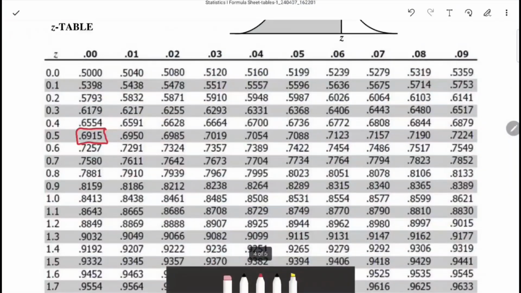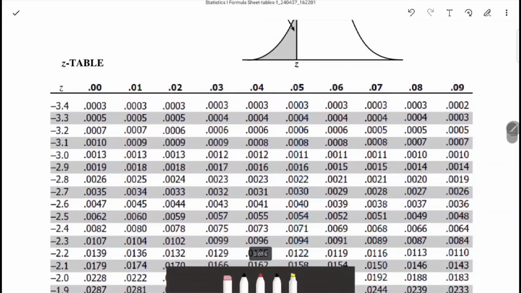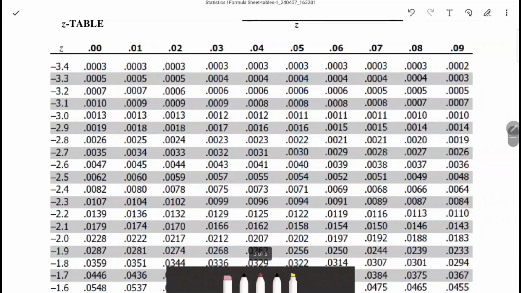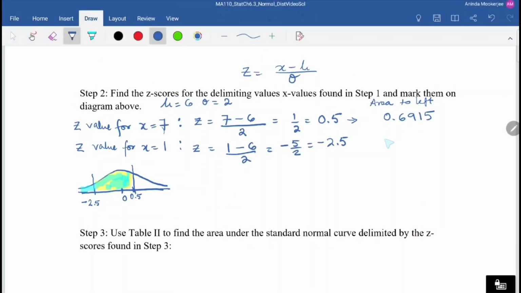So we can go back to the table, but this time we have to look at the negative section of the Z table. Negative 2.5 is right here. It is 0.0062, correct? So 0.0062.